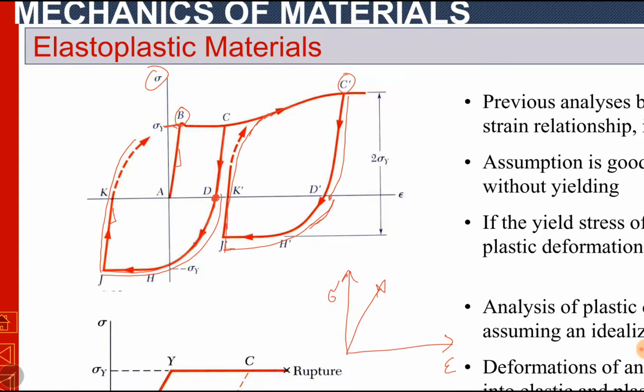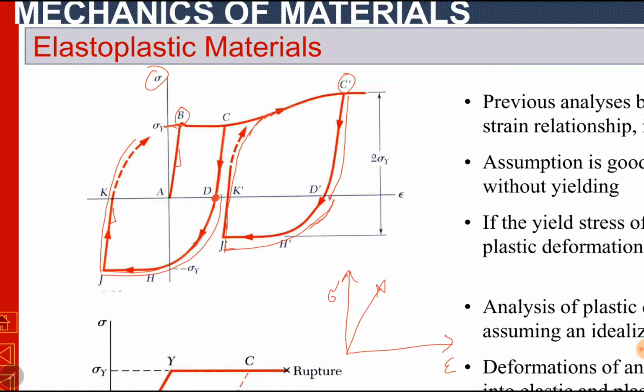This constant loading and unloading of material beyond the yield limit will produce some positive or negative strain in the material. The strain will not be zero in such a case. That non-zero strain in the material is called residual strain.